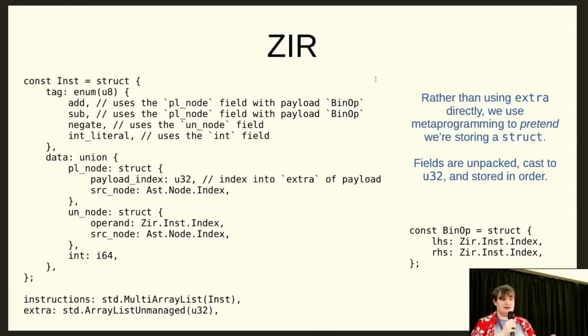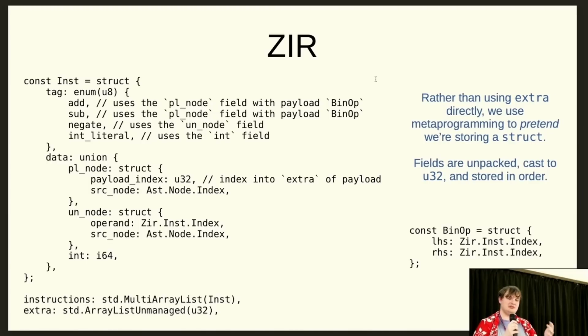The idea of a payload is basically we're pointing at an index within extra. And rather than accessing elements in extra directly, another thing we can do is have these handy little wrapper types. On the right of the screen, you'll see this binop type. We use a little bit of metaprogramming, and we can pretend that we're storing those binops directly.